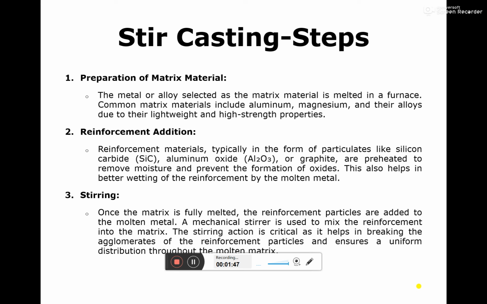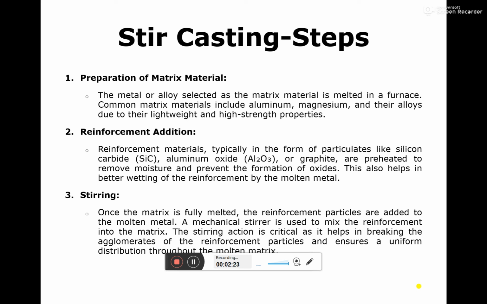Stir casting, as already mentioned, is a very economical process to produce metal matrix composites. In this process, we add reinforcement particles, most probably different ceramics like titanium carbide, silicon carbide, aluminum oxide, and other ceramic particles, which are added to the metal matrix.